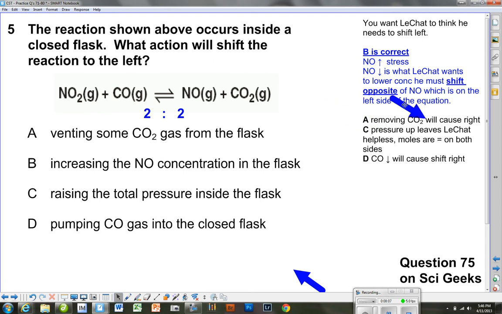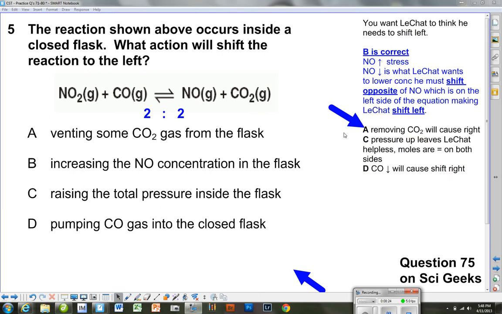In letter A, removing carbon dioxide, that's on the right side, is going to make Le Chat want to move to that side to make more. That's the wrong direction. I also added in that it's a shift to the left up here.